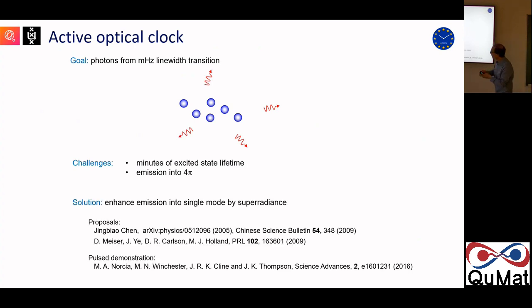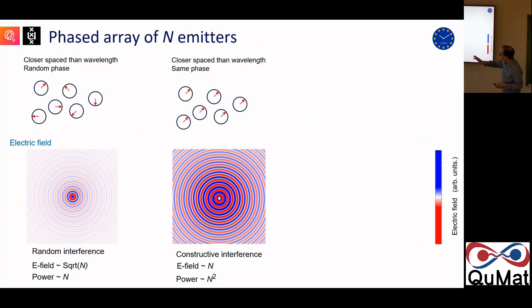So you need to somehow enhance the emission of your atoms into a single mode, and that's what the cavity is good for. That's what it's doing for you. You use the effect of superradiance. So how does this work? Here I make 3 Gedanken experiments. The first one is the one I showed you on the previous slide. We have lots and lots of excited atoms, and they just spontaneously decay.